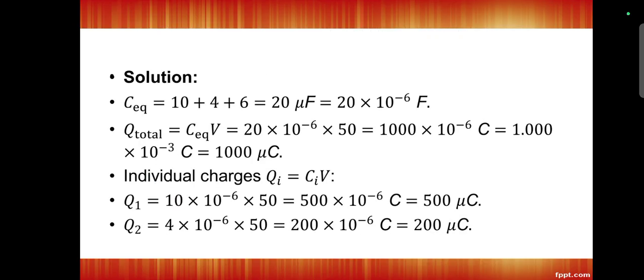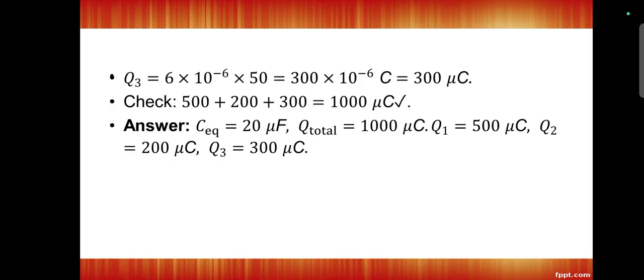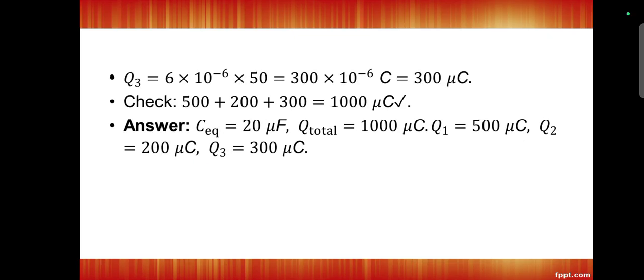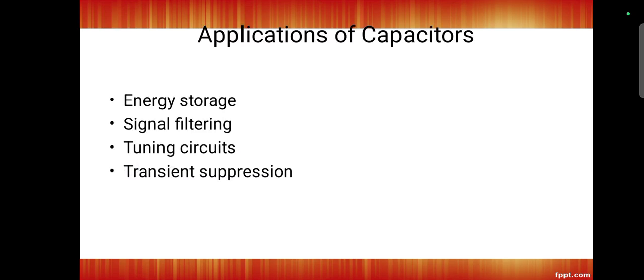Here the total equivalent value is the addition of these three, that is 10 plus 4 plus 6, and this final value is your C. And for finding the charge, Q1, Q2, Q3 are there, so the final charge is the addition of these three, that is the charge behind the capacitor.